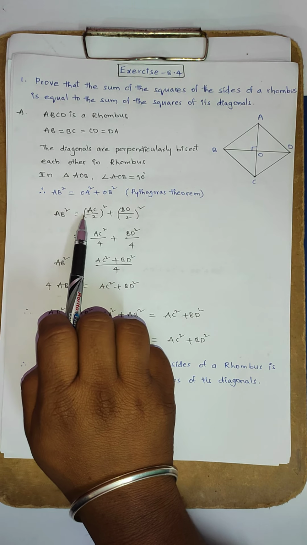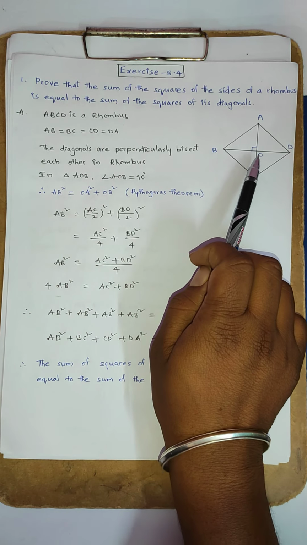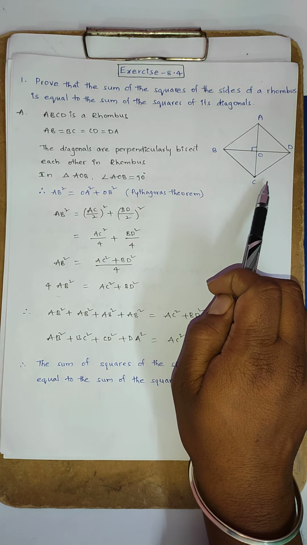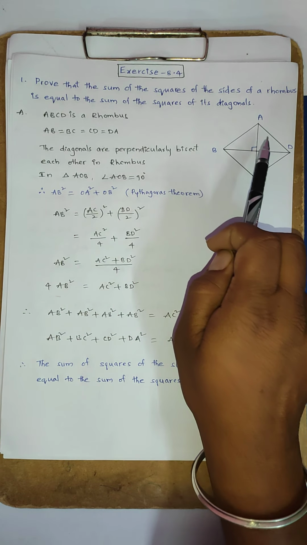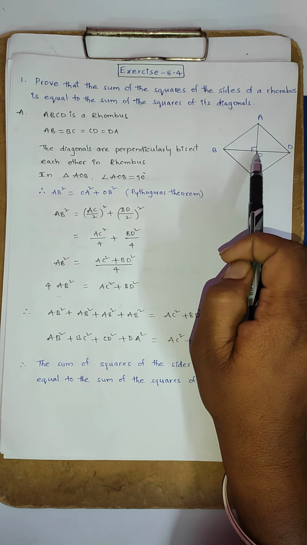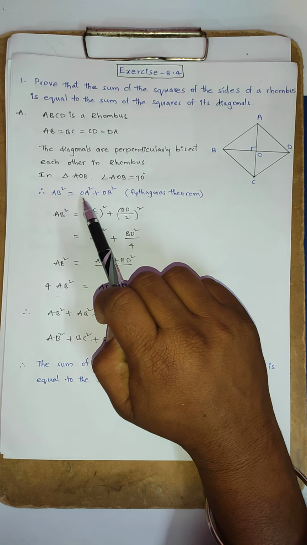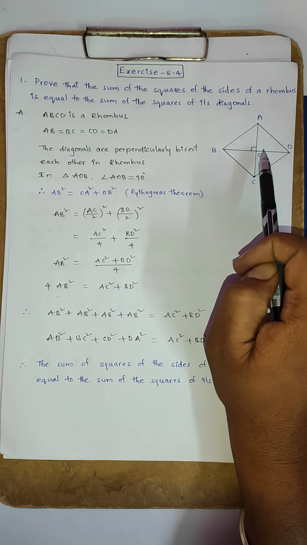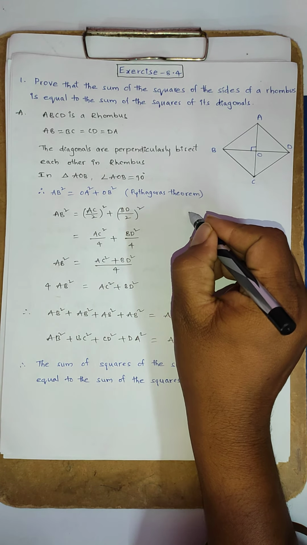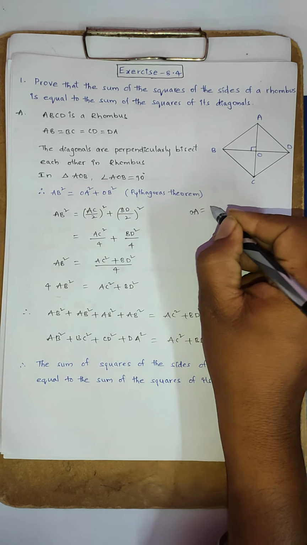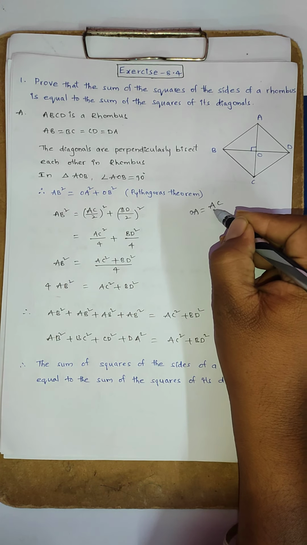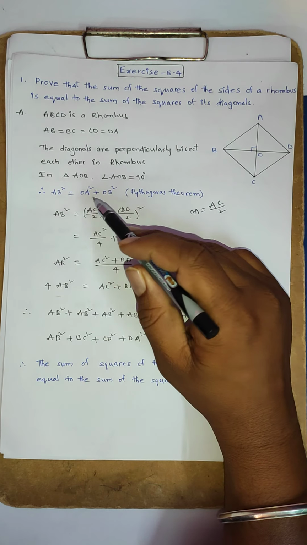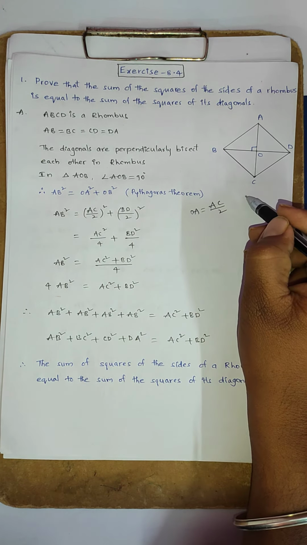Now AB square is equal to OA square plus OB square. Here OA and OC are the same length because the diagonal is bisected. OA is half of the total diagonal AC, so OA equals AC by 2.